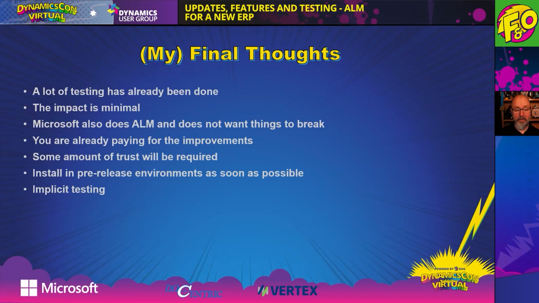Actually, the two different ways I've seen it break is in one case where Microsoft did a change to an entity without actually telling us first. And then in one case, it was actually an implementation partner that had used a business process in a way that it wasn't supposed to be done. And that actually made things break when they started to validate a field that we didn't think was that important, actually.